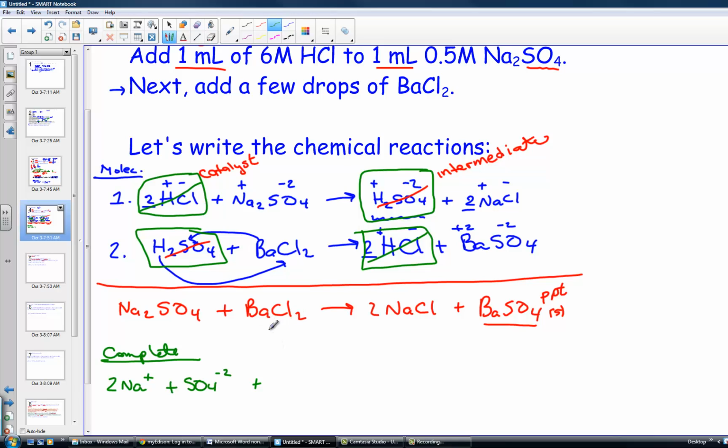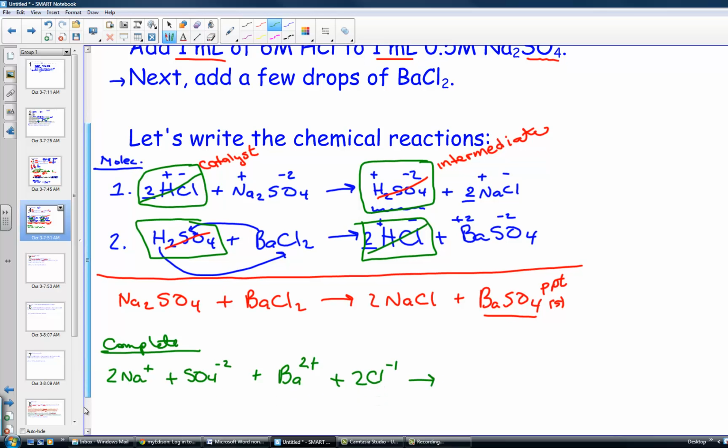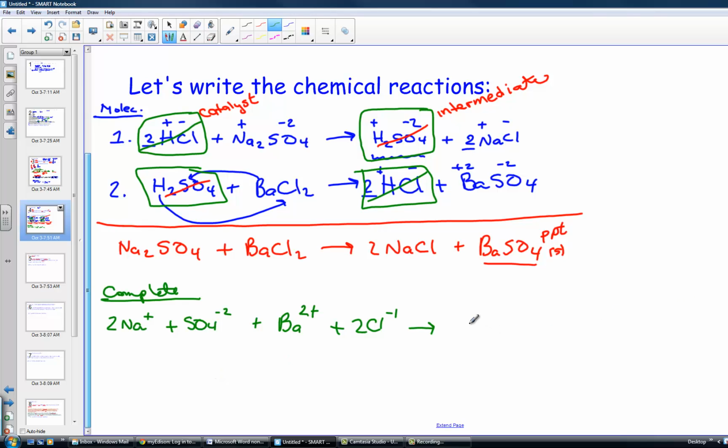Again, from the solubility table, we see that barium chloride is also an aqueous salt. It dissociates into its ions. 1 unit of positive 2 barium ion and 2 units of negative 1 chloride ion. Sodium chloride is also an aqueous salt. 2 groups of Na plus and 2 groups of Cl negative, carrying that coefficient and separating the ions.